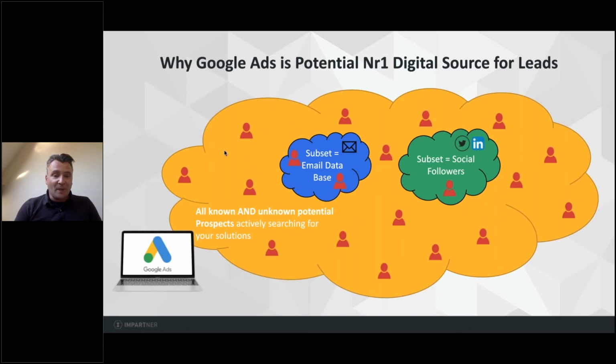And that's the biggest audience out there. And the nice thing about Google search is that those people are actively searching. So if you use the right keywords, these are the people that will convert. And you can see there are many more than just in a database of social followers or email databases. So you've got access to the full market, and that's why it's potentially also the number one source for leads for the channel.